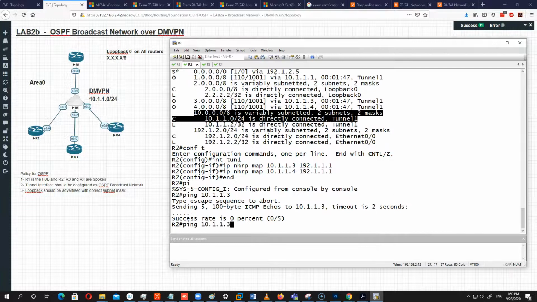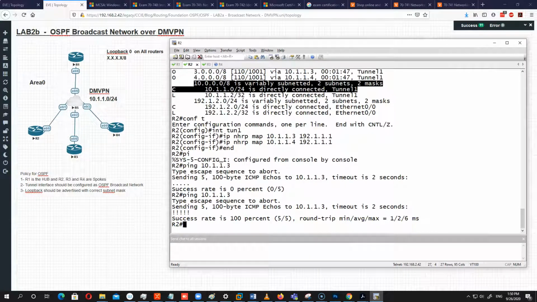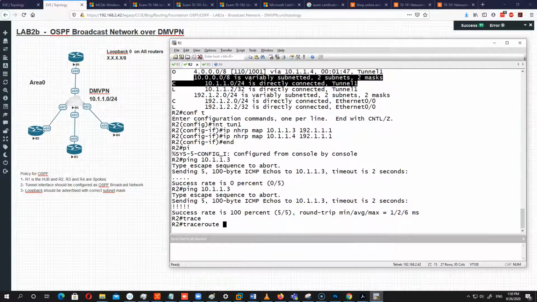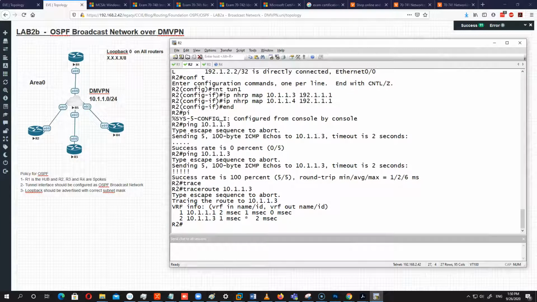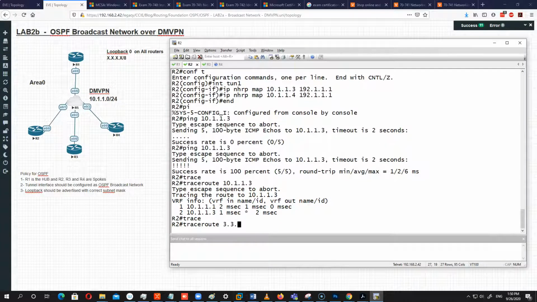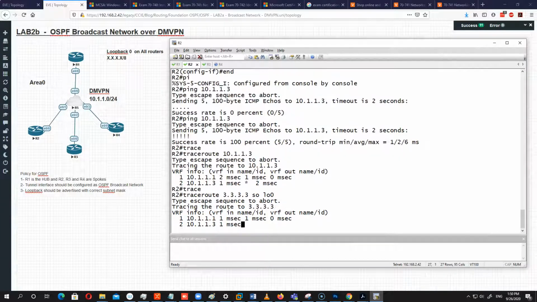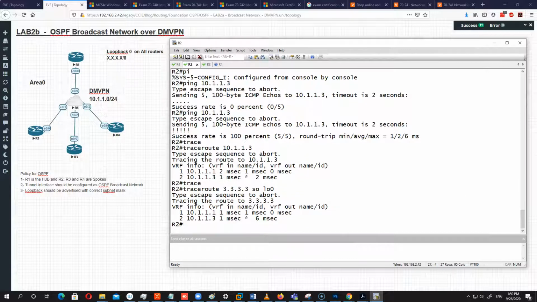So now if I go to 2 and ping again, now I have access because now it's going through. Now if I trace 10.1.1.3, you can see that it's going to 1, right? And now if I trace 3.3.3.3 with the source of loopback 0, now it's going to 1, and it will always go to 1 because that's how the mapping is working, right?